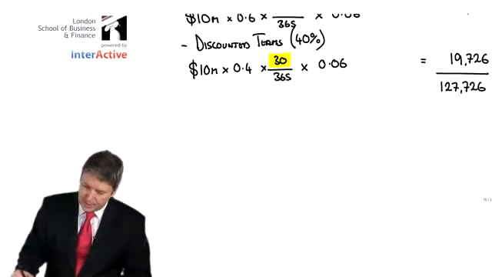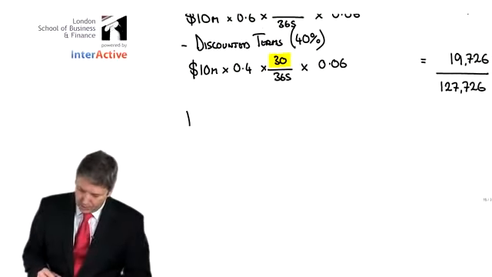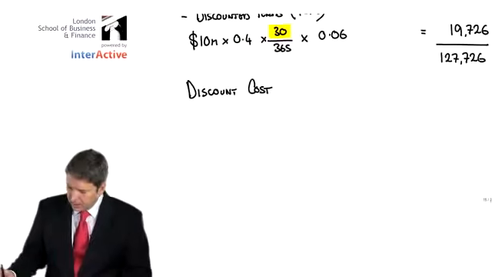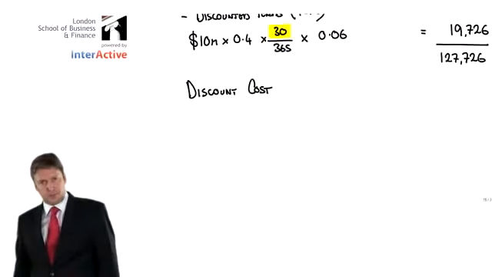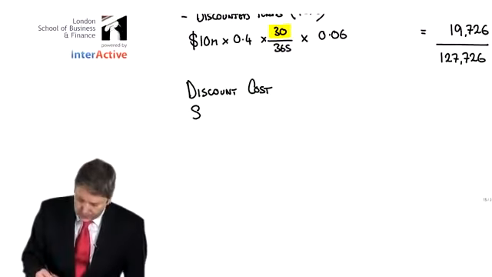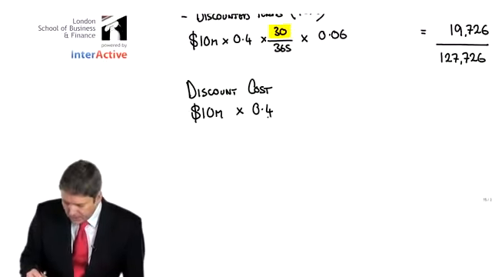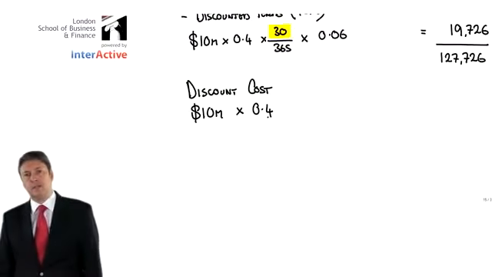And what was the incentive? Well, we offered them a discount, didn't we? So if we look at the discount cost, we know that sales were 10 million, 40% of which paid early.